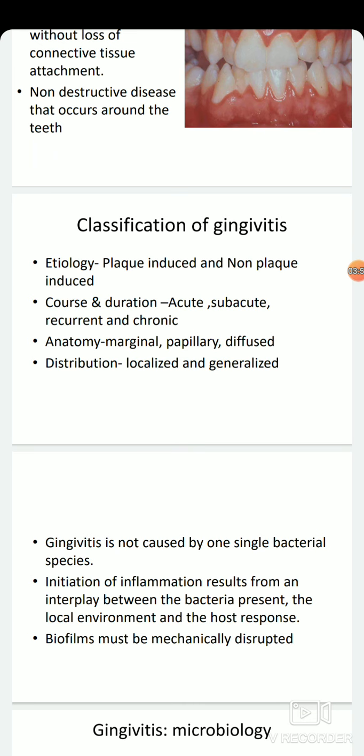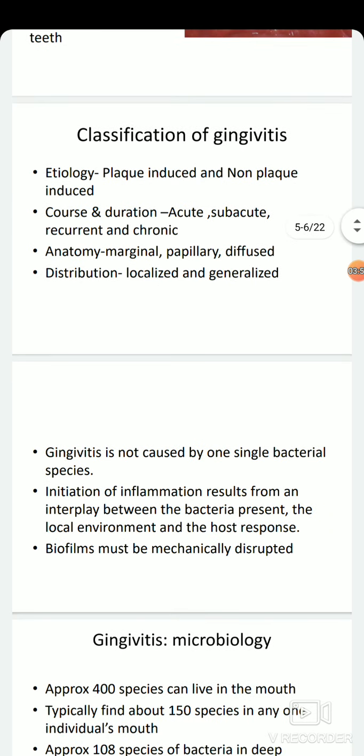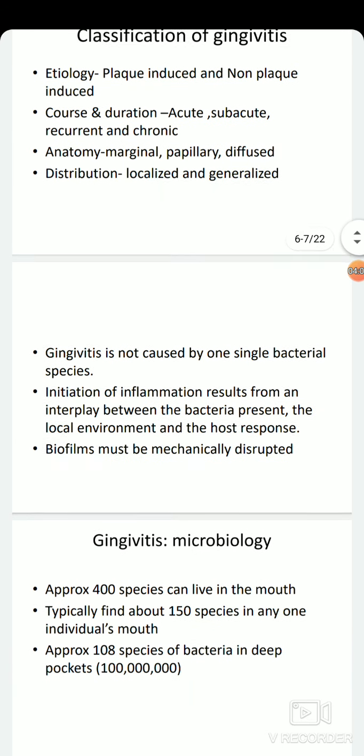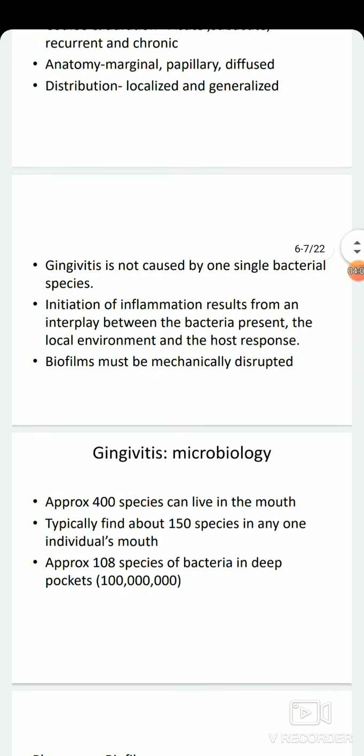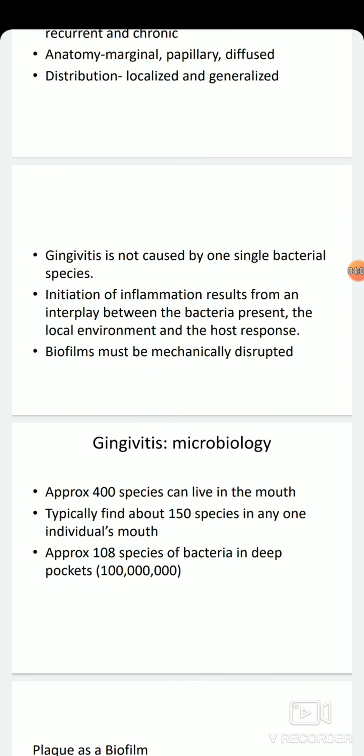So, coming to gingivitis which is caused by microorganisms, based on the etiology, plaque is identified as a primary etiological factor for periodontal disease, and gingivitis is caused by multiple bacterial species and not one single bacterial species.